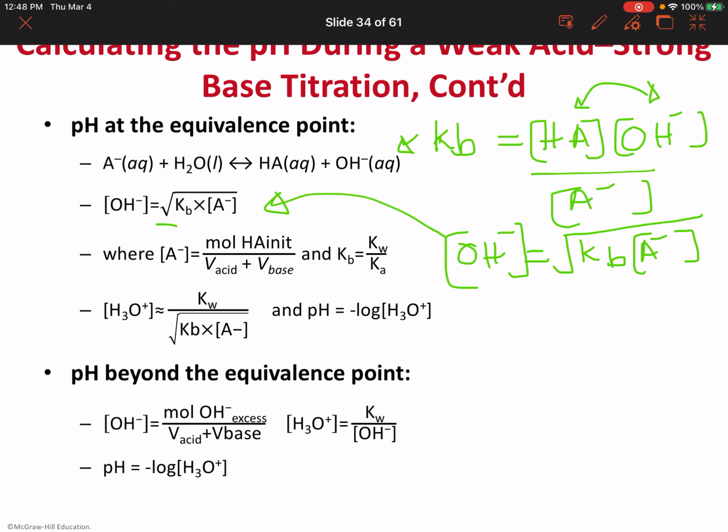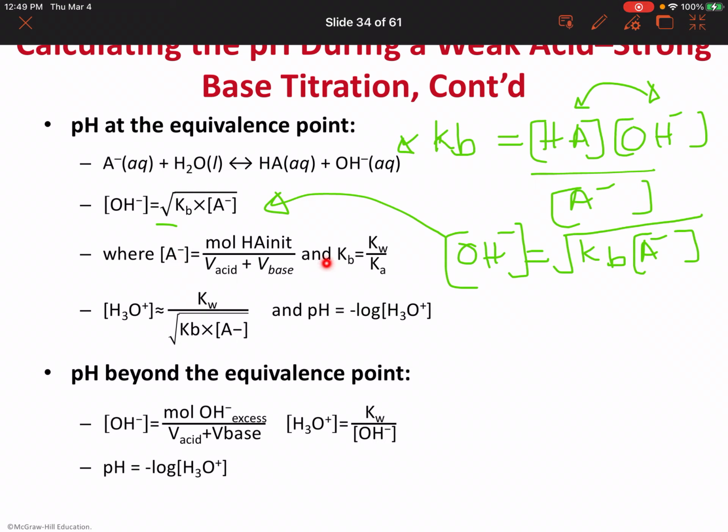But at this time, you have also added base to get to the endpoint. So this many moles are present in the total volume: your initial volume of the acid plus the base you added to reach the equivalence point. When you divide the initial number of moles of HA by that volume, that gives you the amount of A minus conjugate base present.